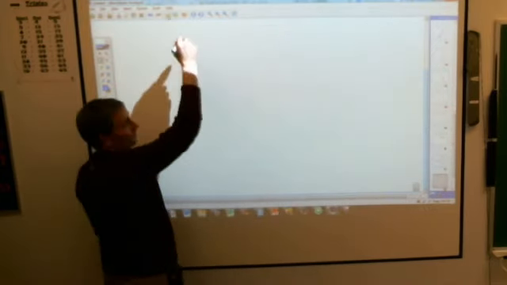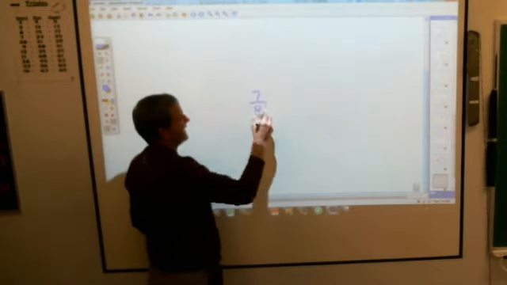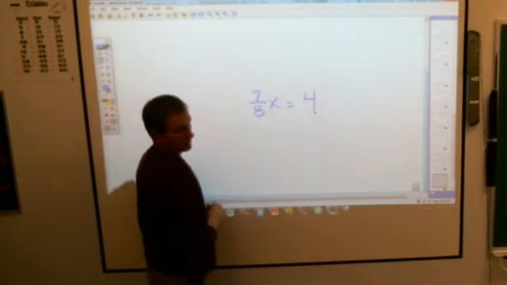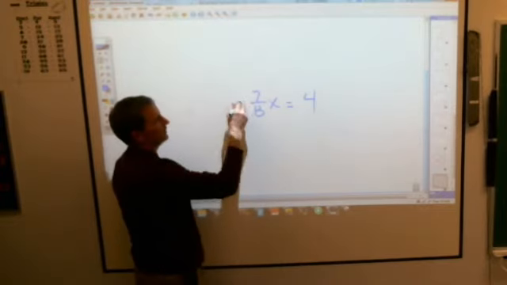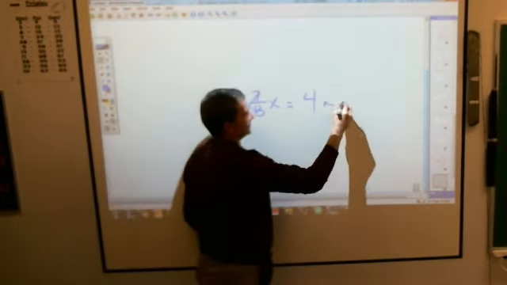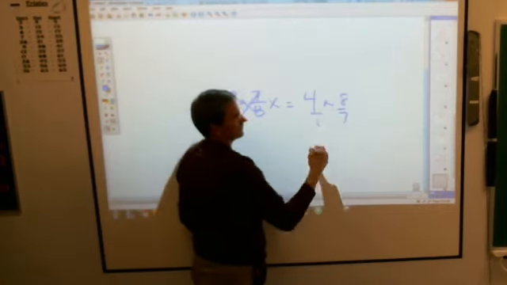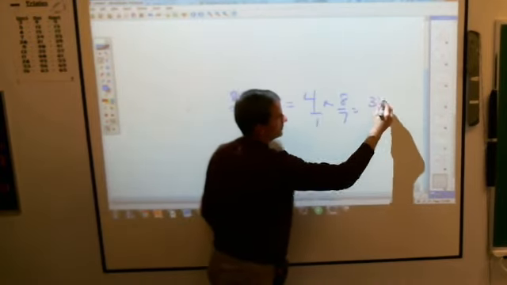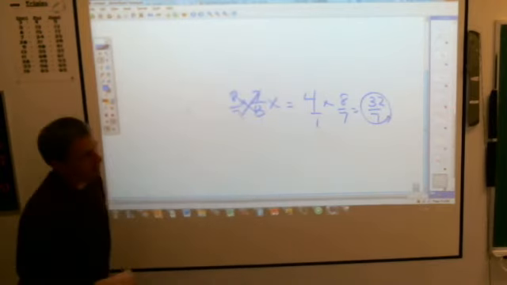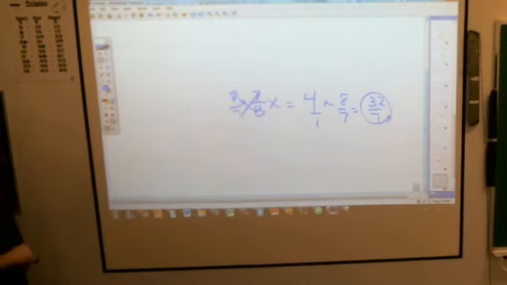If it was 7/8 x equals 4, to get rid of that fraction, I flip and multiply. 4 times 8/7, which just so happens to be 32 over 7, and I'll let you keep it as 32 over 7 rather than making it 4 and 4/7.